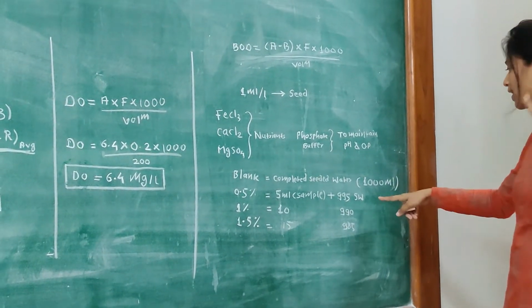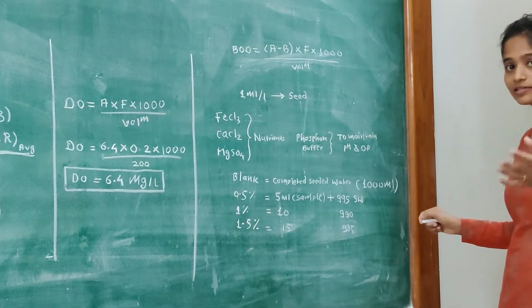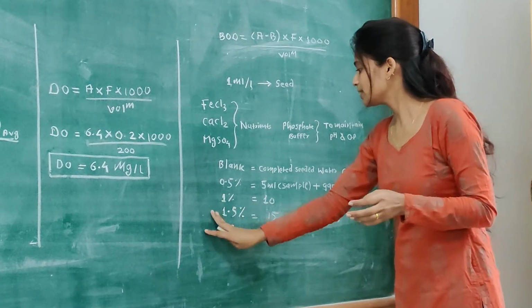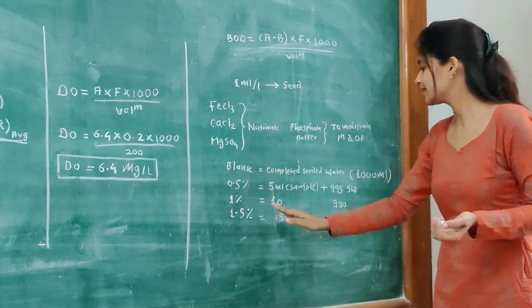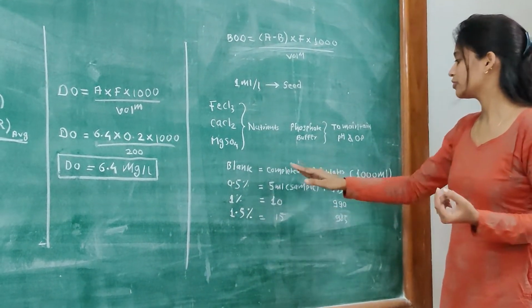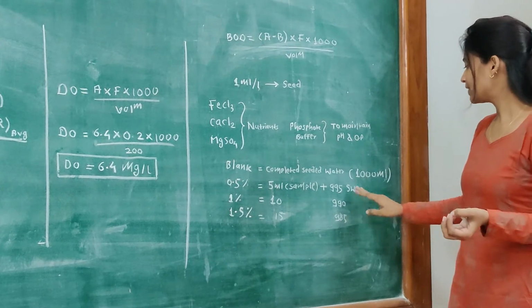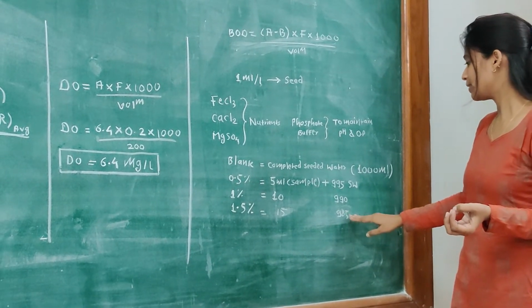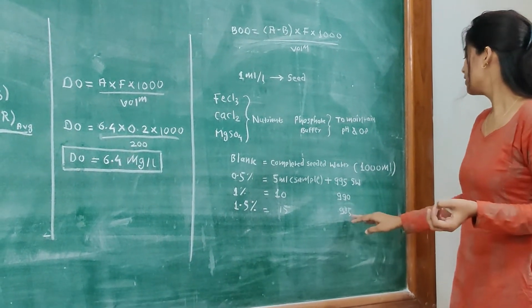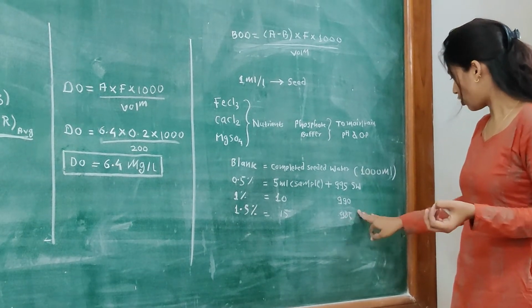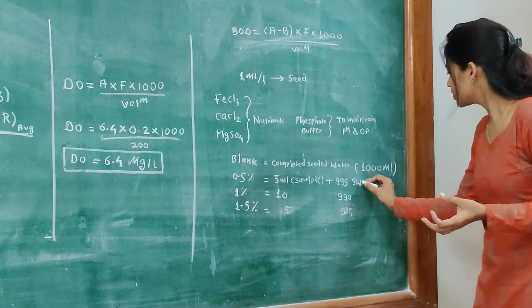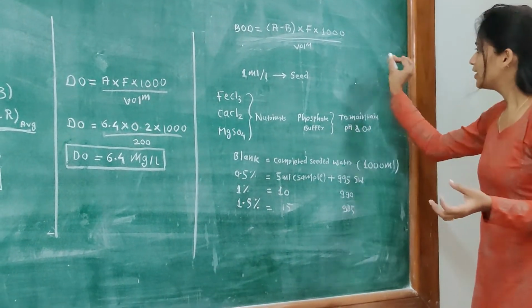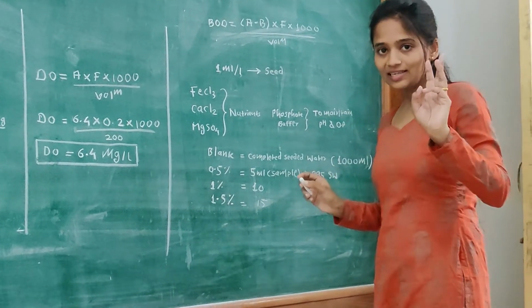Now I will tell you why we are making 1000 ml. Similarly for 1% and 1.5% we will be using 10 and 15 ml of sample, and 990 and 985 ml of seeded water. Now we need to pour this water into 3 DO bottles.